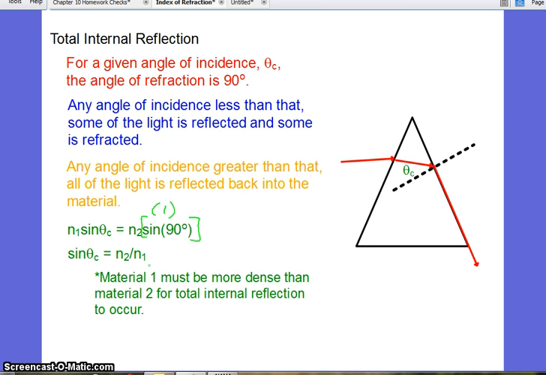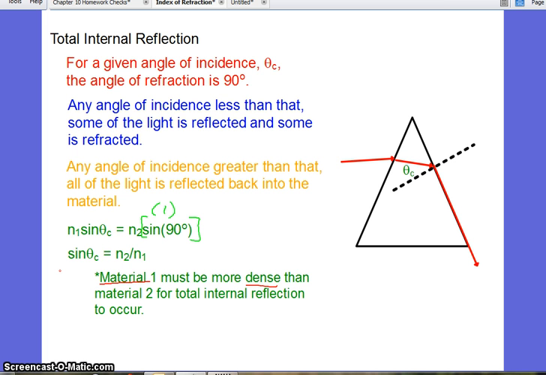But notice that this is only true if material 1 is more dense, meaning that the index of refraction of material 1 is greater than material 2. Mathematically, we see that if the index of refraction of material 1 is greater than that of material 2, the ratio is going to be less than 1. If the index of refraction of material 1 is less than material 2, then it's going to be more than 1.